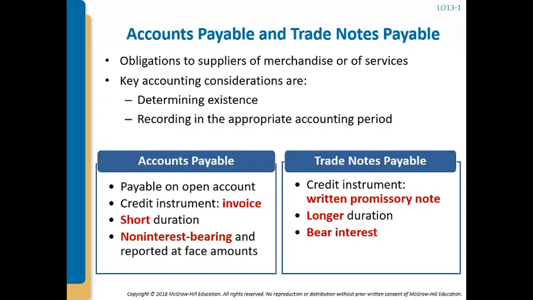With trade notes payable, you have a document called a promissory note that describes the obligations of the parties, signed by both parties, has the face amount, the principal amount, and the term of time this note will be paid, usually on a monthly basis.